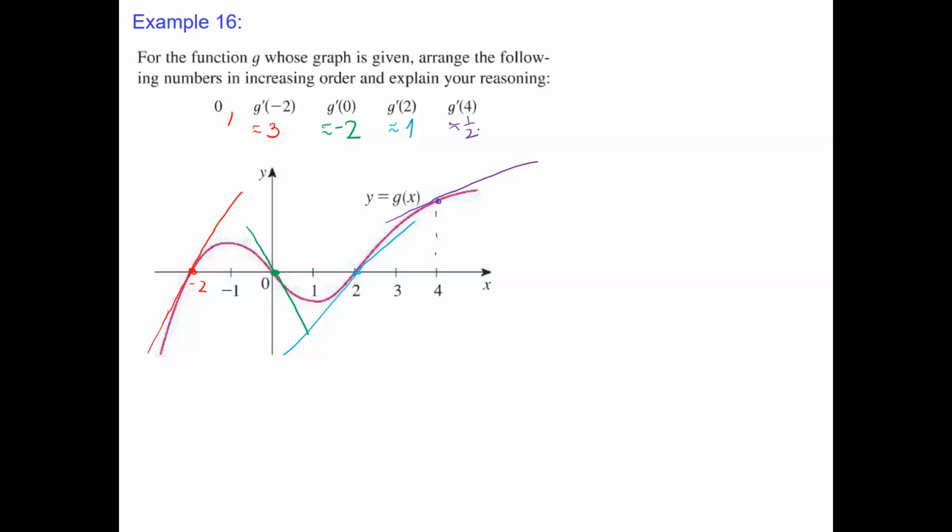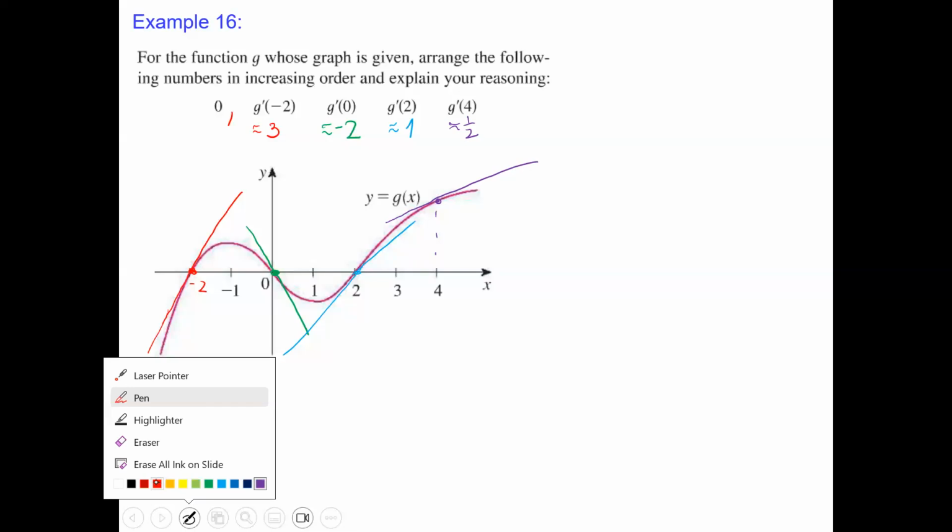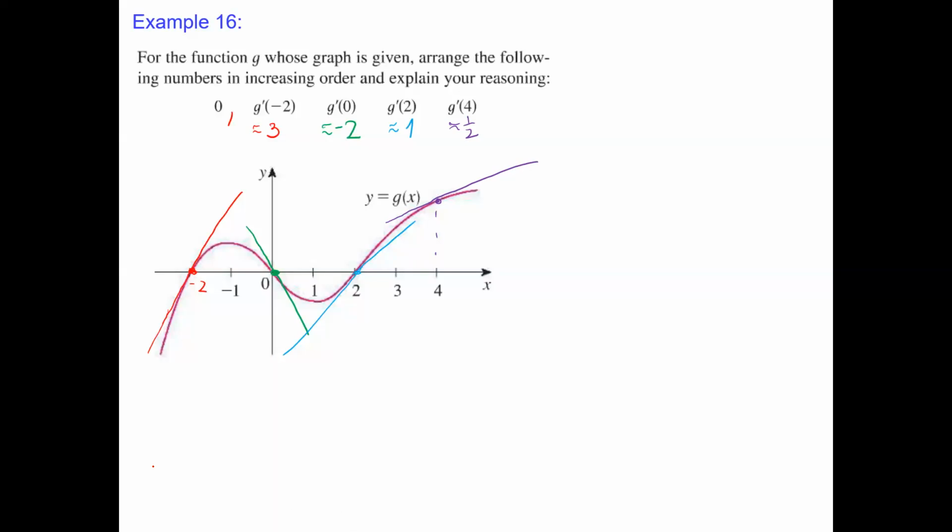Based on the slopes, you will identify. Now let's put the order. Increasing means we need the smallest number first. G prime at 0, we approximated as -2. Now the next number is actually 0 itself.